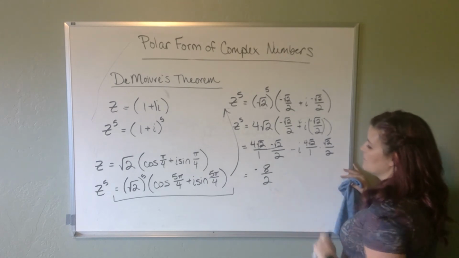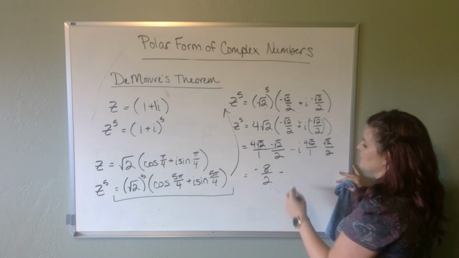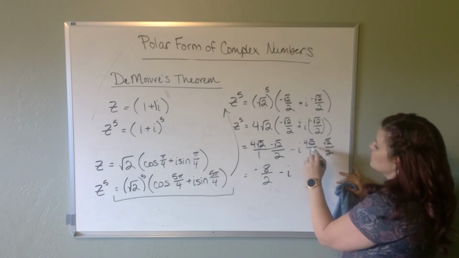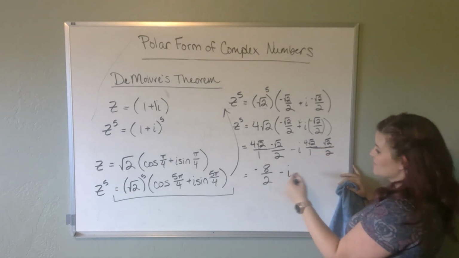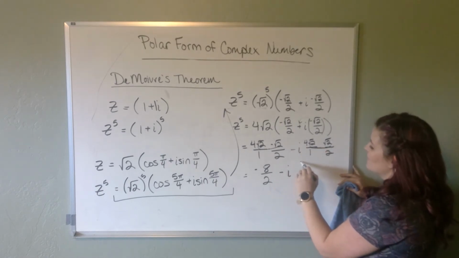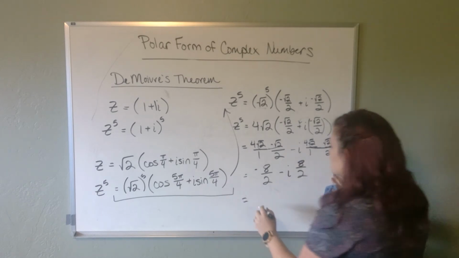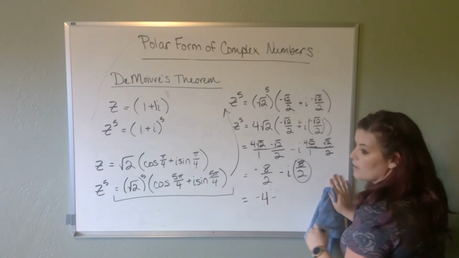So I get negative 8 over 2 minus, you guys, what happens here? So I do have an i. 4 root 2 times root 2 again. These 2 root 2's is a 2. So I get a 4 times 2 again, and another 8 over 2. So you guys, it ends up simplifying to negative 4 minus 4i.